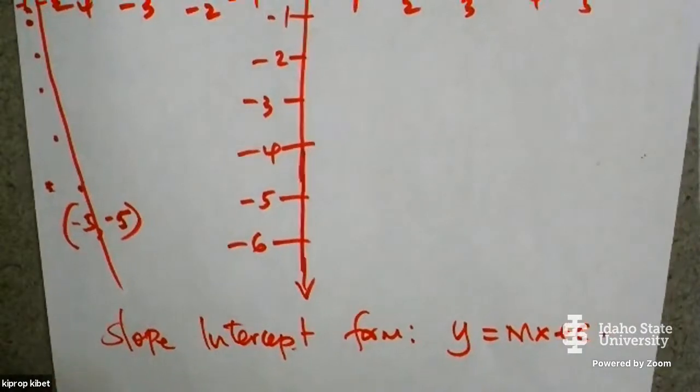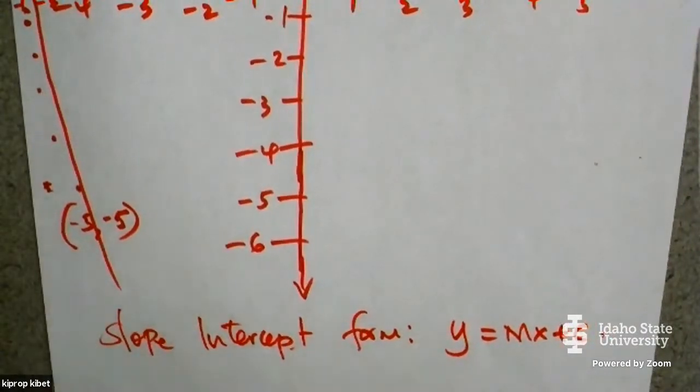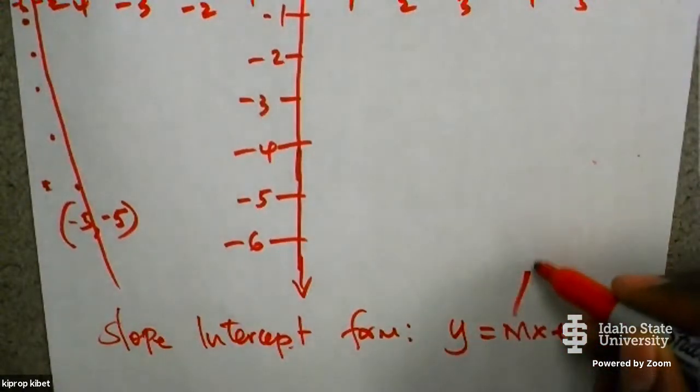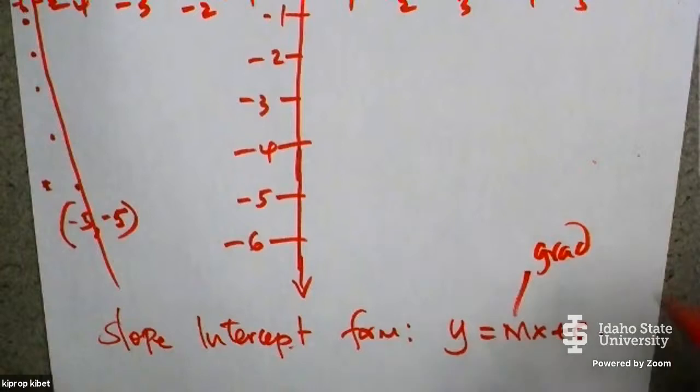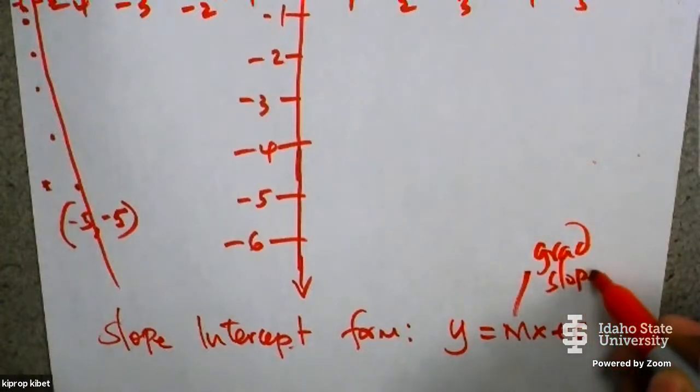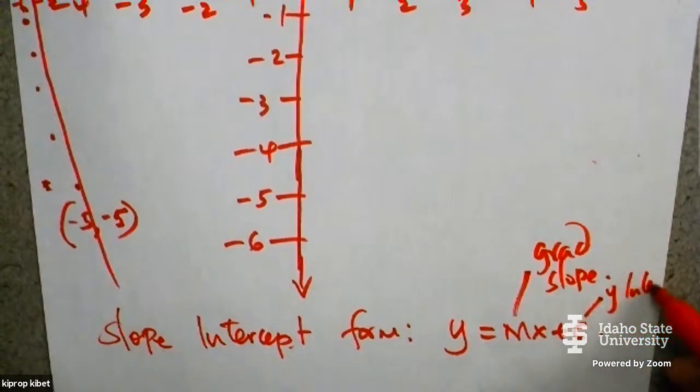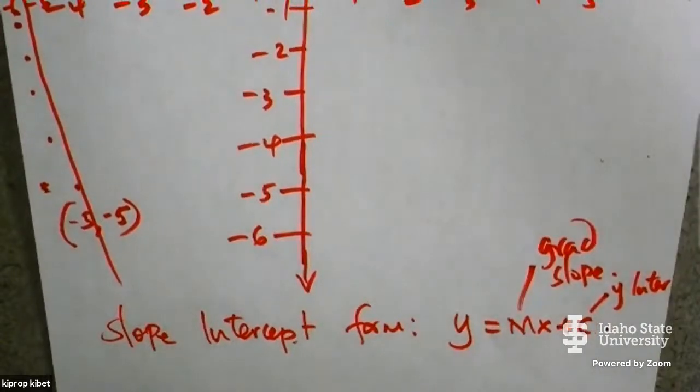So this is the equation of a straight line. We say this m is the gradient, and then this is the y-intercept. That is the y-intercept when x equals 0. So when x equals 0, we get the value of y, which is this constant.